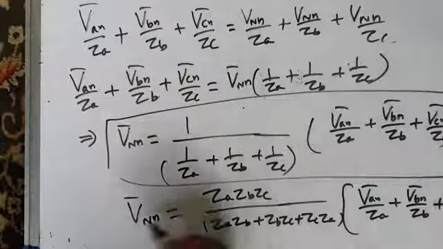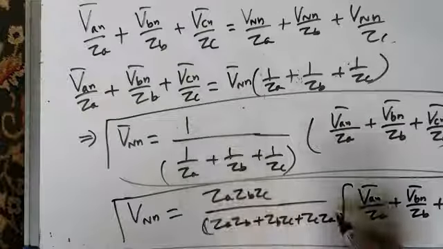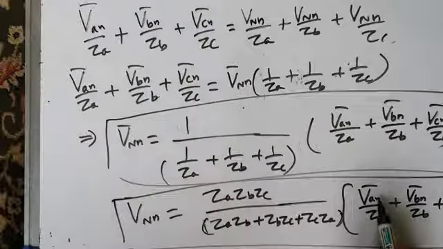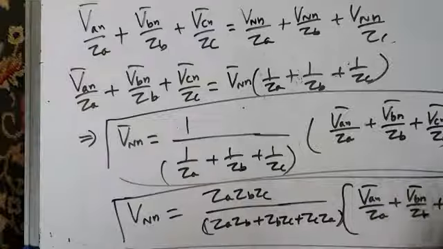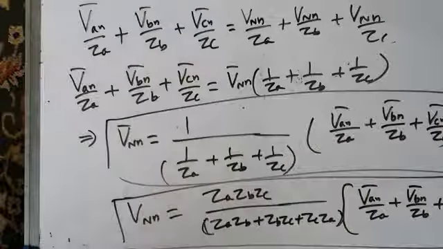This is how you can find neutral to neutral voltage. You know the load impedances ZA, ZB, ZC. You know source phase voltages VAN, VBN. Substitute either in this equation or in this equation. That will give you neutral to neutral voltage.